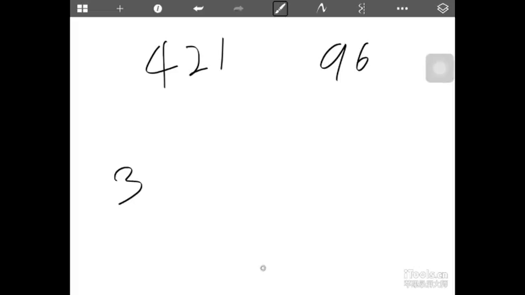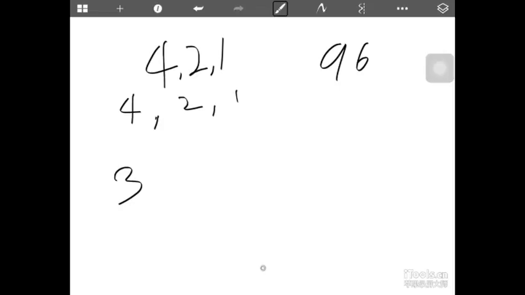To see if these numbers are divisible by 3 or not, we have to add up all the digits. So we first separate the digits by adding a comma between every number, so we get 4, 2, and 1.